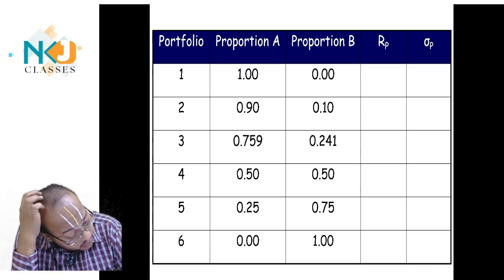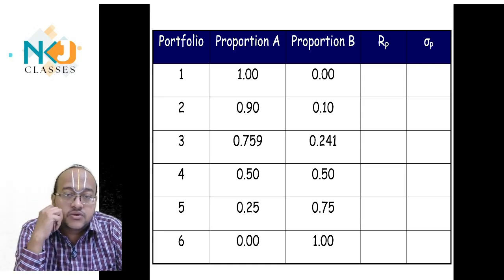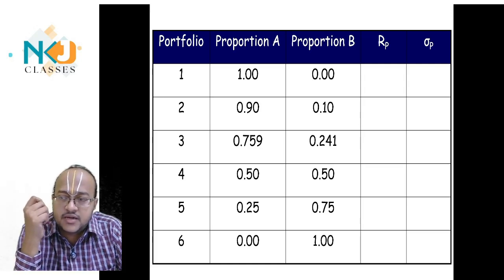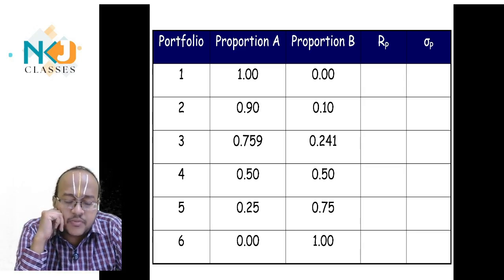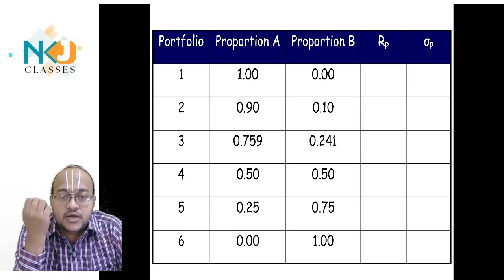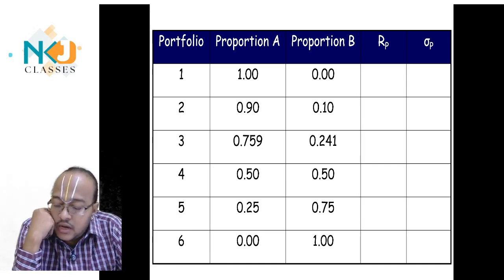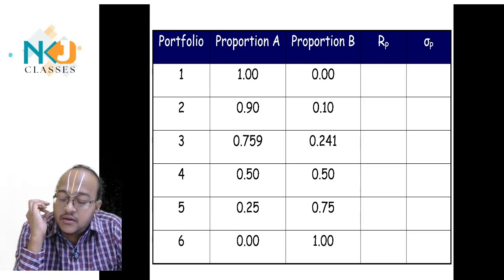If our portfolio consists of A and B and the weightage given to A is 100%, then the return of the portfolio becomes the individual return of the security, correct? So if the proportion is 1, the return of the portfolio will be 12.